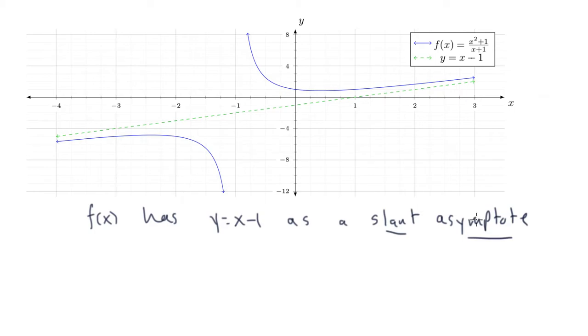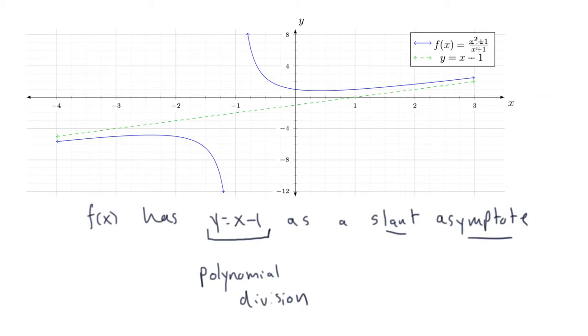Now I will say that to actually find the slant asymptote given a rational function, you need to be able to do polynomial division. So the way you find the slant asymptote is you actually just divide the denominator into the numerator, and then the quotient term is actually going to be the slant asymptote, as we'll see.